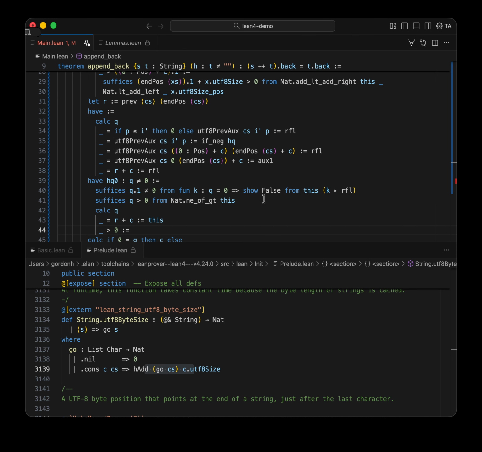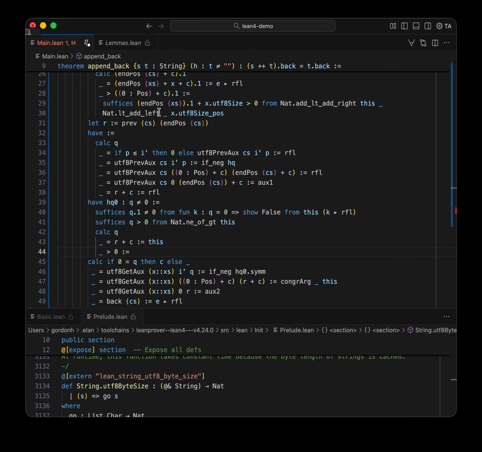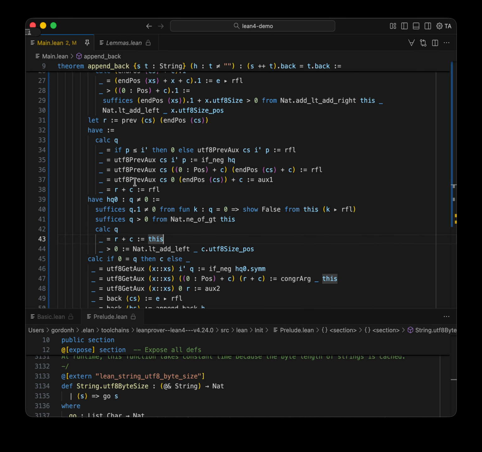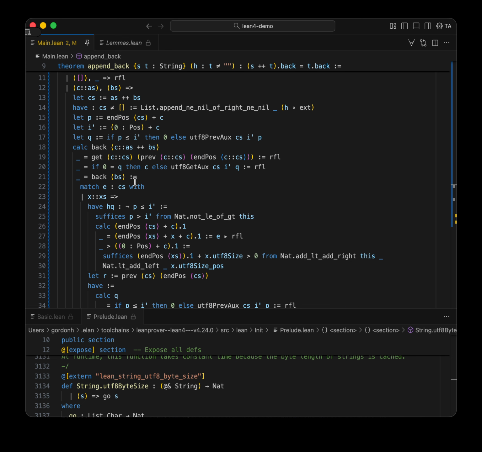Using the same argument. This part. Add to the left, given C is positive. Great. So this is closed. Not exactly trivial.